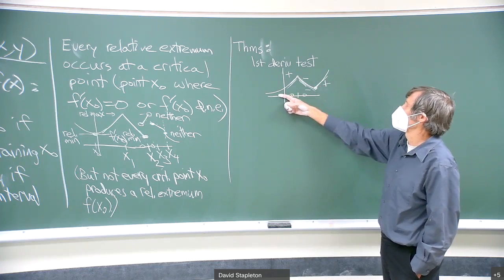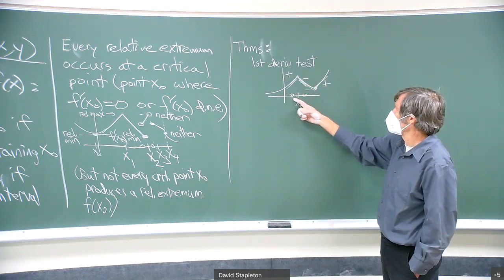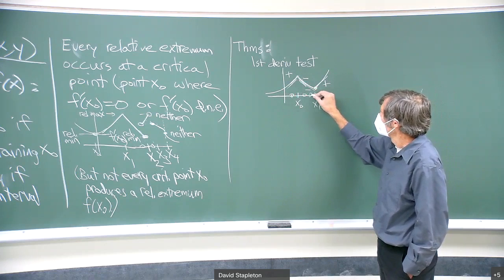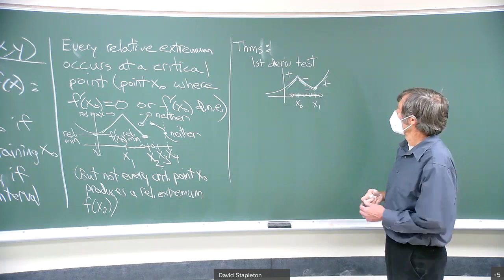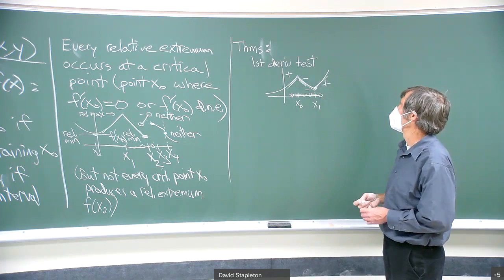So a continuous function, derivative one sign on an interval to the left, another sign on an interval to the right. So let's say this interval and this interval. You could determine whether it was a relative max or min that way.